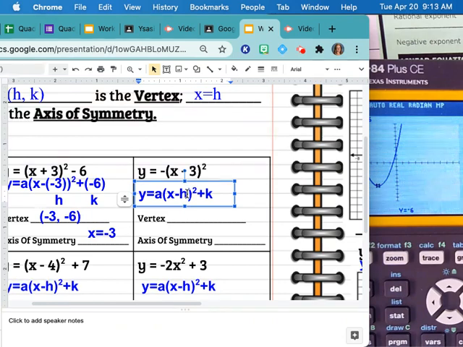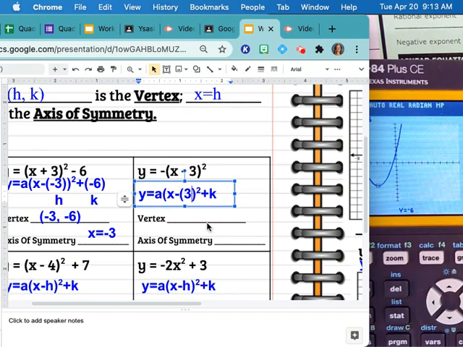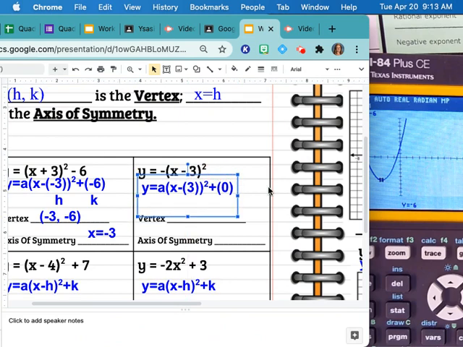So what is the h value? The formula has negative, right? So it's +3. And then what's the k value? There's nothing there, so what would it be? Nope, 0. Whenever you add something, that would change it. But a 0, whenever you add 0, that doesn't change it. So then our h value is 3.